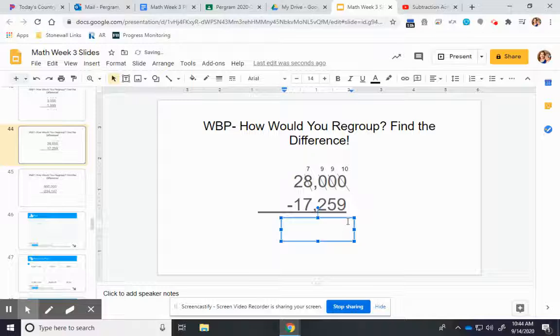So we have 10 minus 9, which is 1. We have 9 minus 5, which is 4. We have 9 minus 2, which is 7.